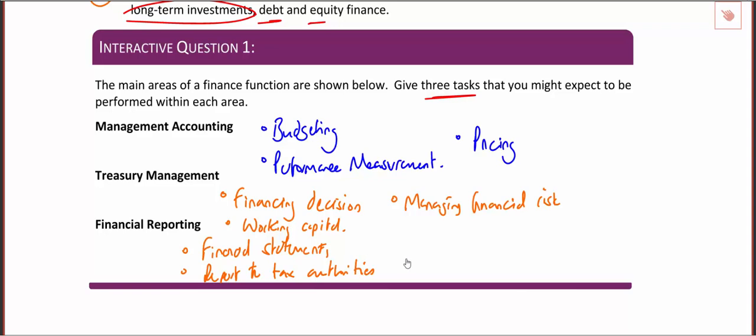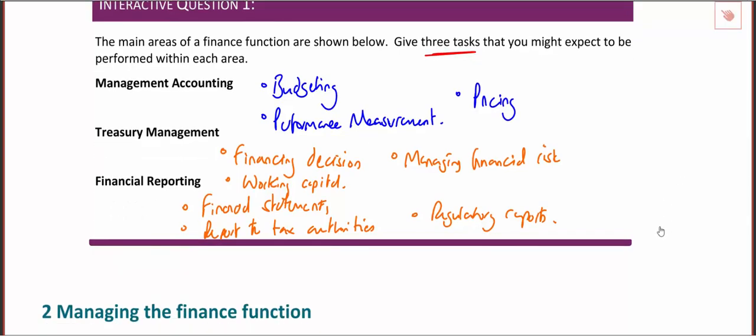And there may be some sort of regulation to think about, so regulatory reports, something like that. Let me just correct that for you. Okay, so don't worry if you've got exactly those. Like I said, have a look at the back of the notes to see whether your answers match up. As long as they were along those lines, that's absolutely fine.